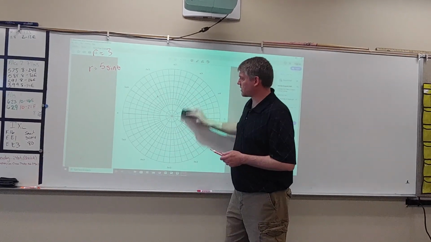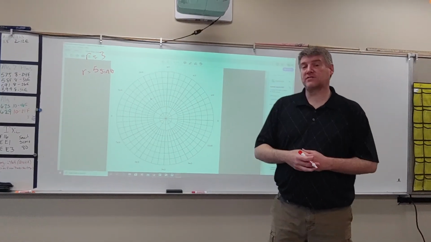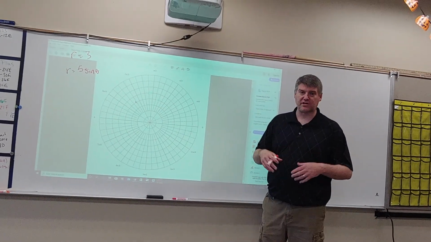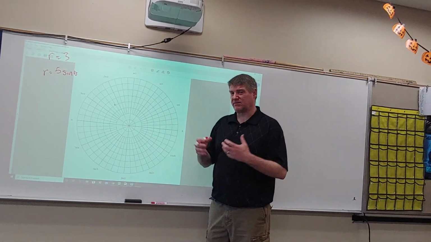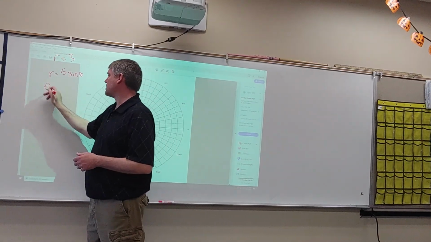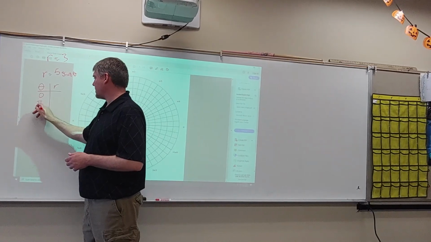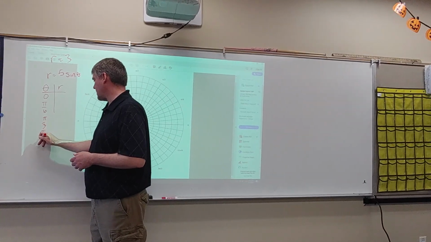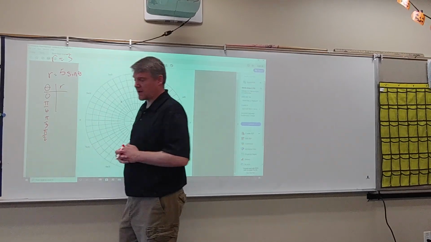Now we're going to look at r equals 5 sine of theta. These are going to be circular in nature; they're going to curve around. So I'm going to start by creating a little table with theta and r. I'm going to have 0, pi over 6, pi over 3, and pi over 2.